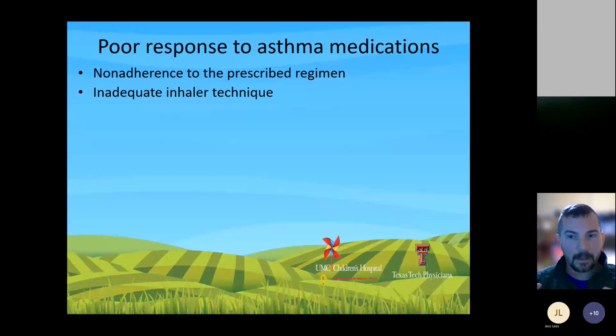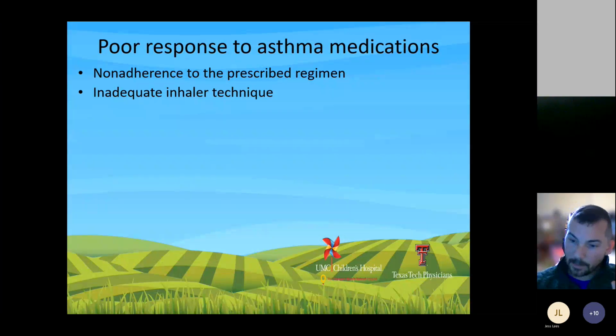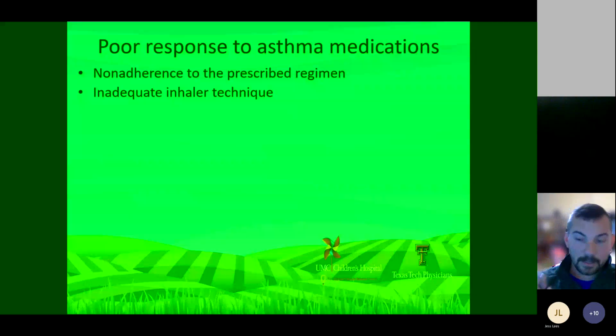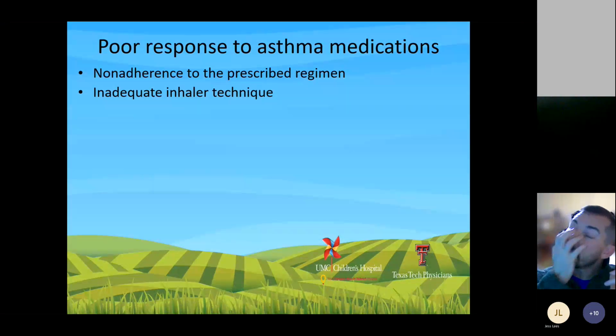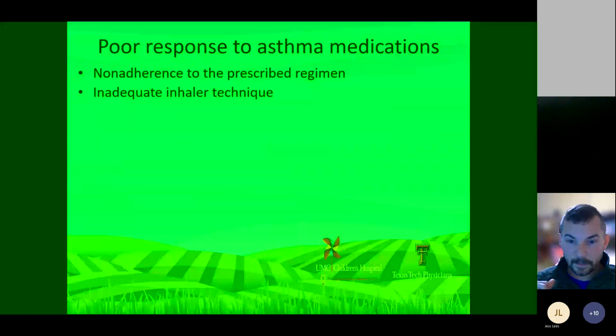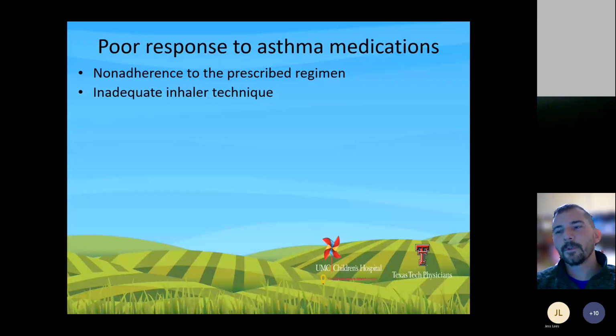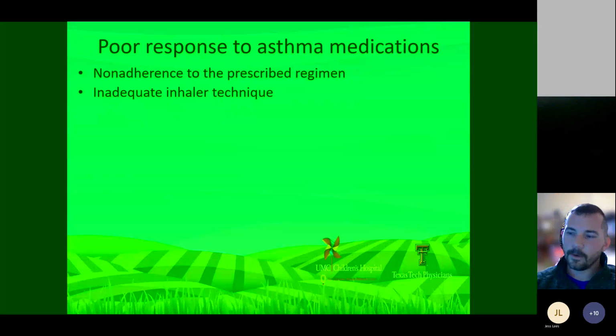Well, they need an aerochamber, and it can be prescribed. The aerochamber attaches to the MDI, and there's either a little mouthpiece or you wrap for a mask, and you put it on their face. And guess what? You give your puffs and hold it on their face for 10, 15 seconds. They scream like they're going to do with the nebulized medicine anyway, and you're done. Oh, and the parents will love you for it. And that's really the best way to go.